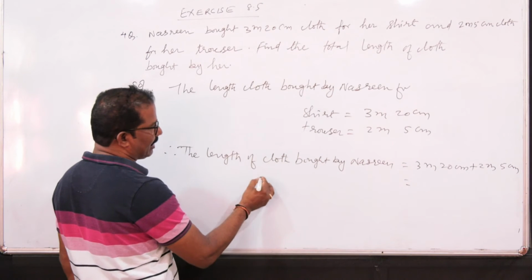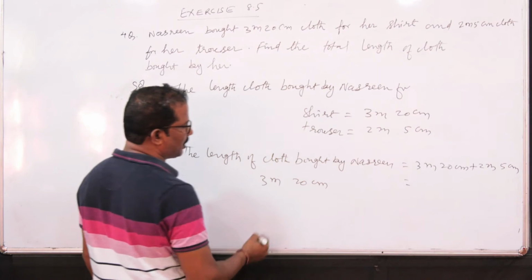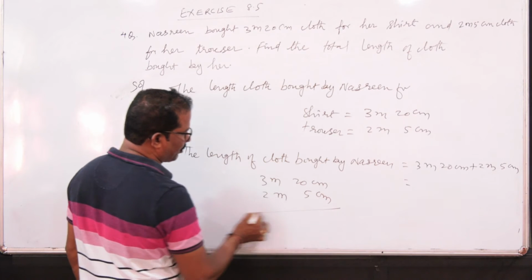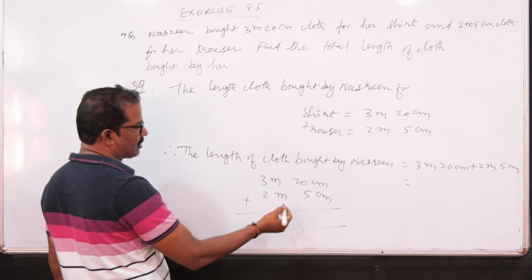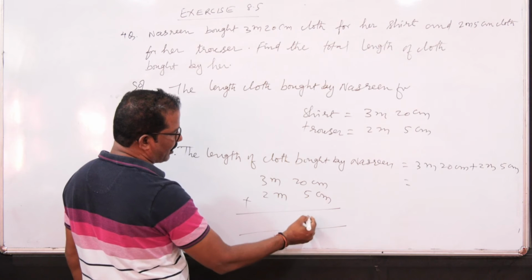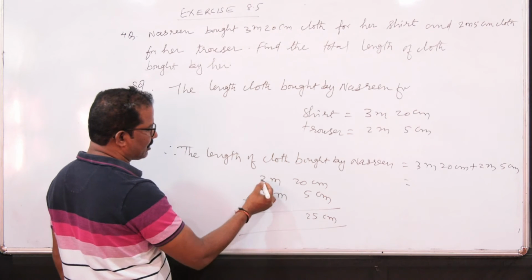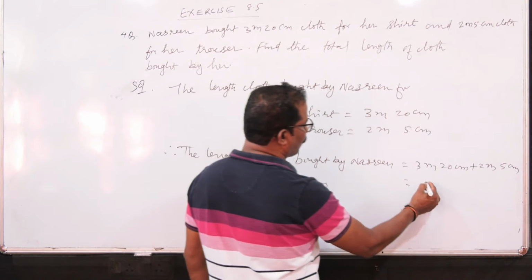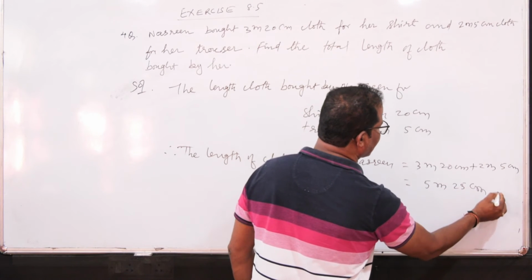So we have to add like this. While adding, we have to add the centimeters first, then meters. So it is 20 plus 5 is how much? 25 centimeter, and 3 plus 2 is how much? 5 meter. So total length is 5 meter and 25 centimeter.